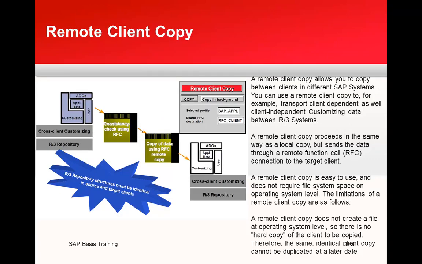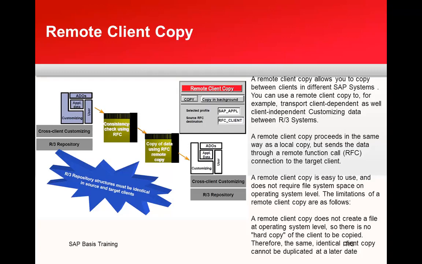Remote client copy allows you to copy between clients in different systems. You can use a remote client copy to, for example, transport client dependent data as well as client independent customizing data between R3 systems. A remote client copy proceeds in the same way as a local copy but sends all the data through an RFC connection to the target client.